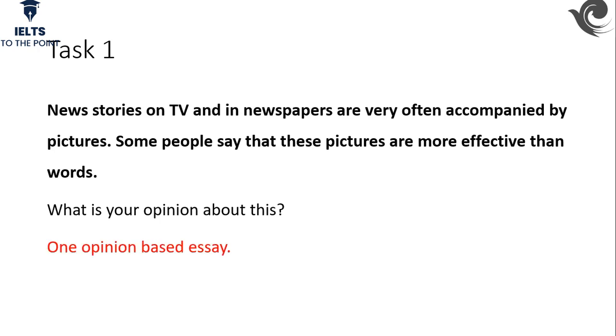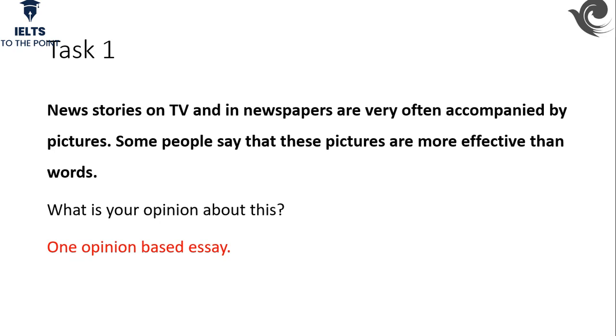This can be treated as simply a one opinion based essay. Understand? If you just ask this question, what is your opinion about this? You may talk a lot about the overall topic, the fact that pictures should be there on TV or in newspapers, or they should not be there, and how they are effective or ineffective, or it depends on different things.